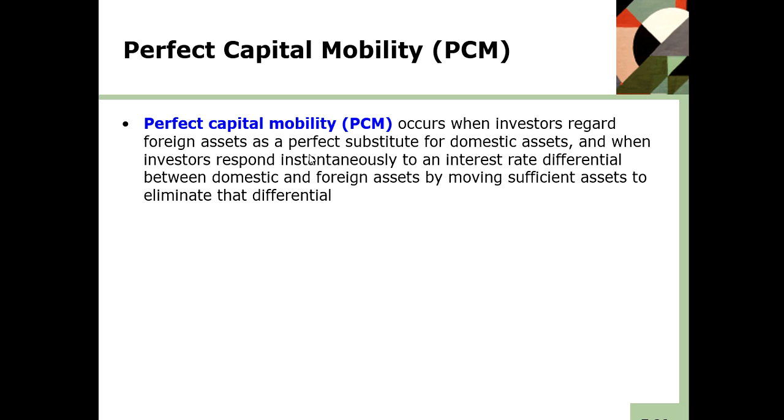So this occurs when there is a free capital flow. When investors see the interest rate in the other country is higher, they can easily flow their money out to that country and invest it there to get a higher interest rate.